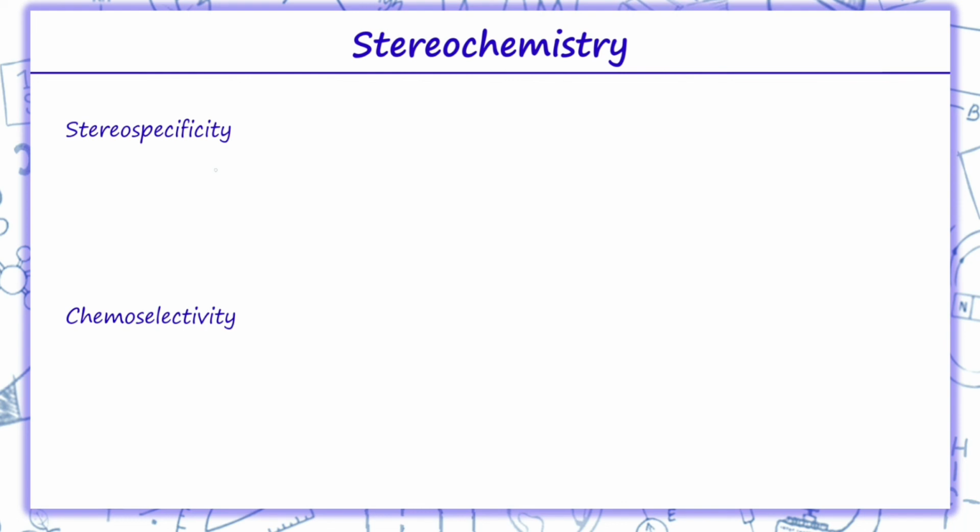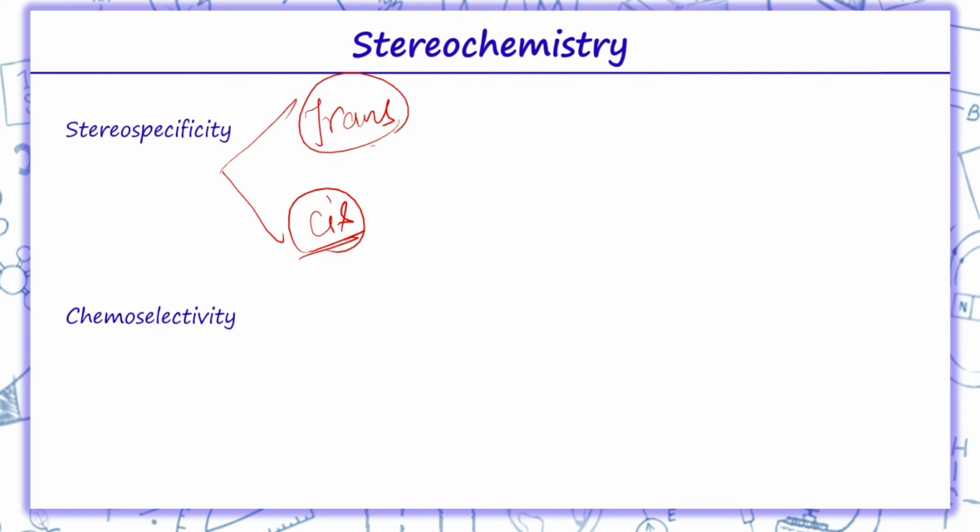Like over here, only one isomer can be formed, either trans or cis isomer, which we have already studied when we were talking about the preparation of alkenes from alkynes. The conditions are given over there. If we take palladized charcoal, we will get the cis isomer. If we take sodium in liquid ammonia, we will get the trans isomer. So this is known as stereospecificity.